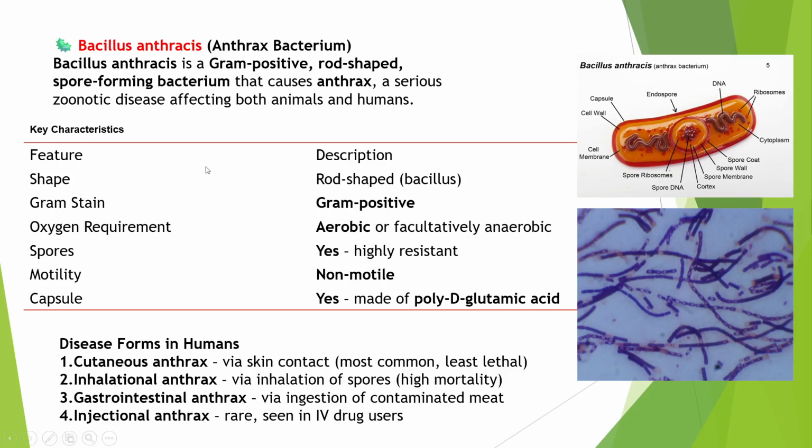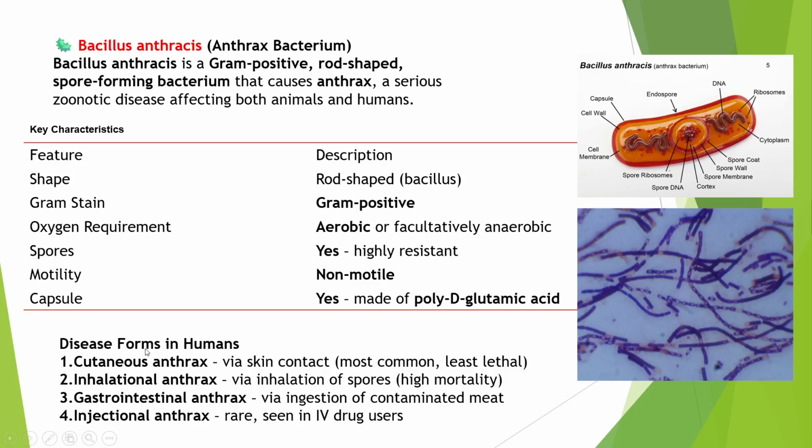So that is the basic description. It is an aerobic bacteria, and sometimes it can also be a facultative anaerobe. The spores are highly resistant, and it is non-motile, and the capsule is made up of poly-D-glutamic acid.